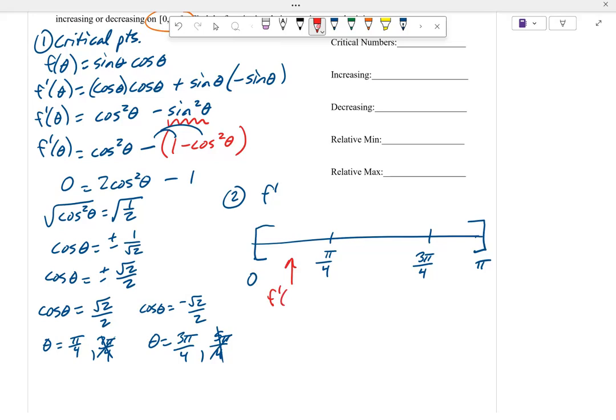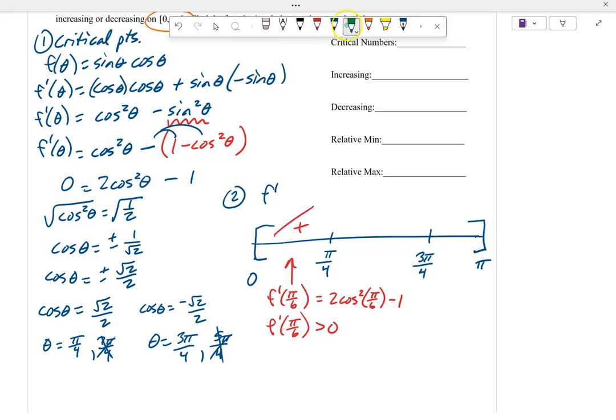So f prime at pi 6, I could throw it into 2 cosine squared of pi 6 minus 1, or into cosine squared minus sine squared, either one. This will end up being positive, so the original function must increase.